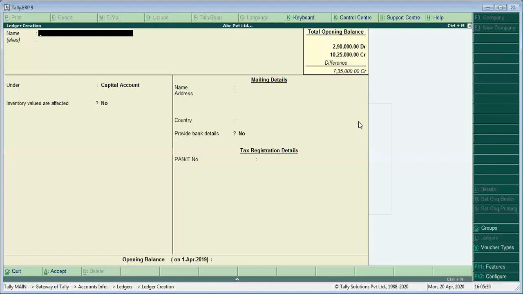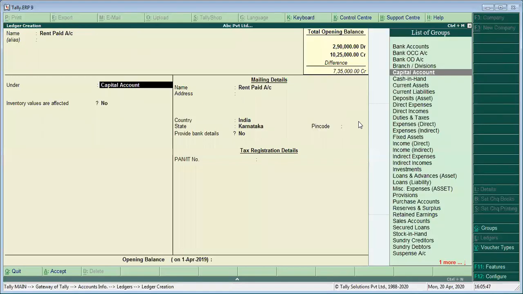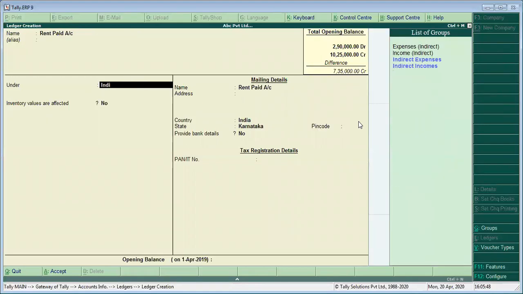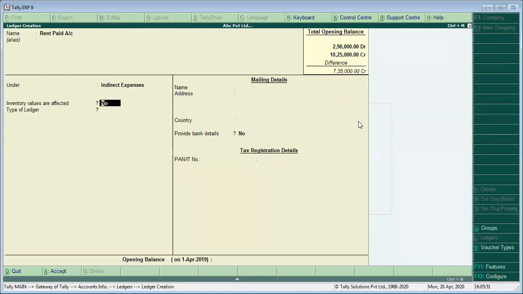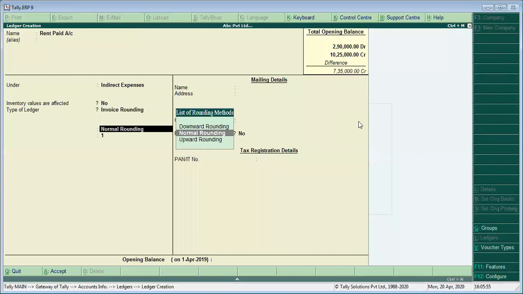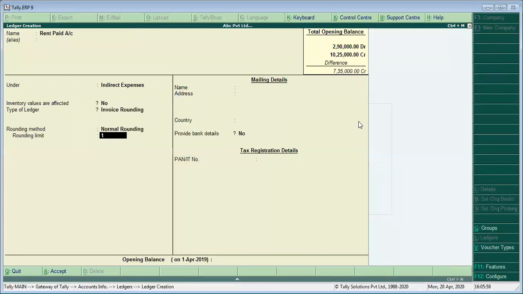Create a ledger. The name should be rent paid account. Rent paid is an indirect expense, so click on indirect expenses. Not applicable; if at all you need, you can give the information. So what is the value?